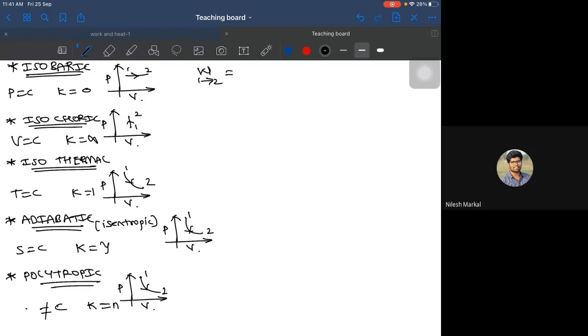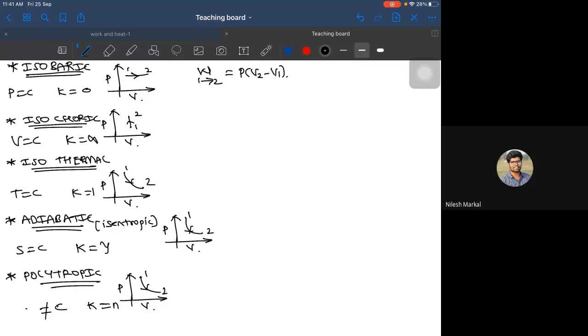So P into V2 minus V1. For an isobaric process, P into V2 minus V1. So, that is your expression to calculate your work in an isobaric process.